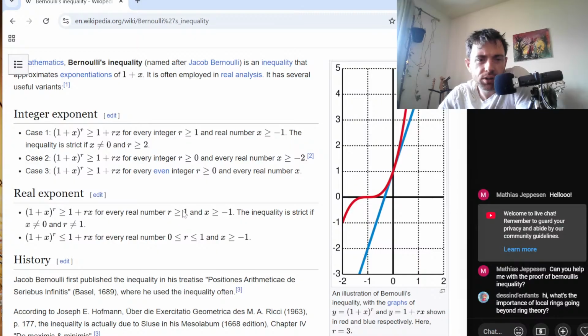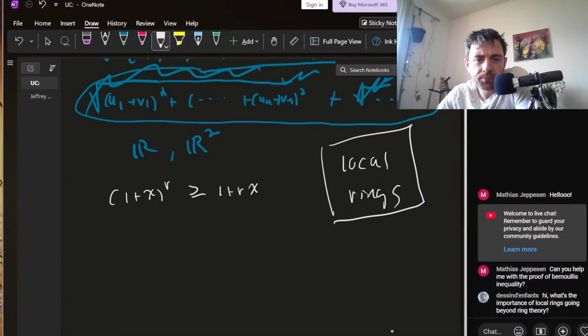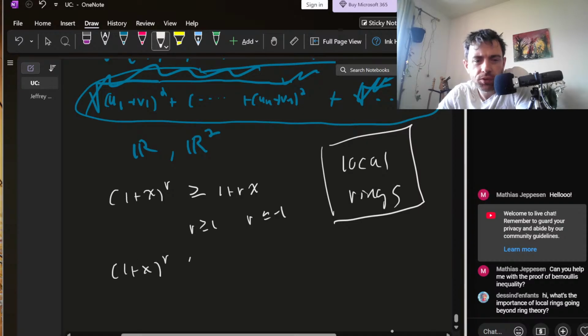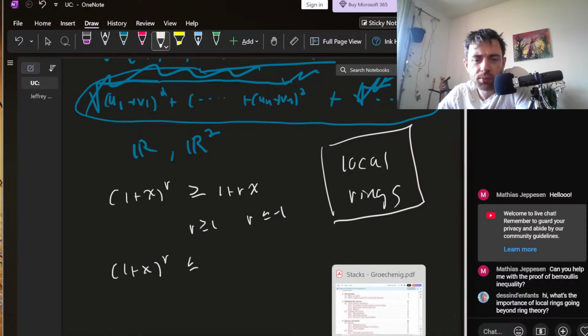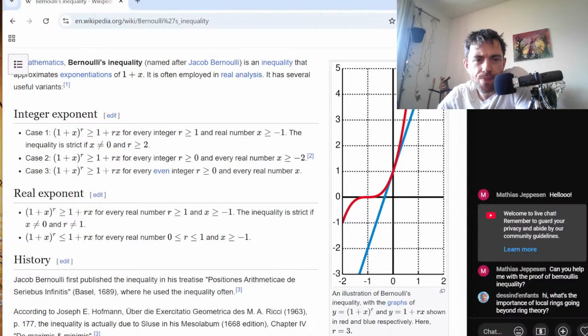For every real number... Oh, there's like two cases. Okay. For every real number outside of there, one plus x to the r is greater than or equal to one plus rx, and this is less than or equal to one plus rx if r is inside there.